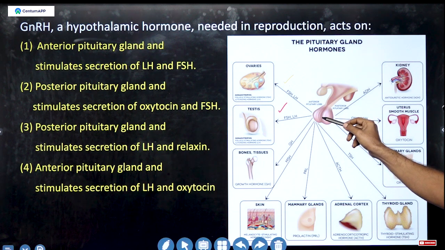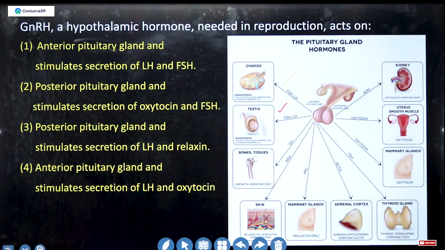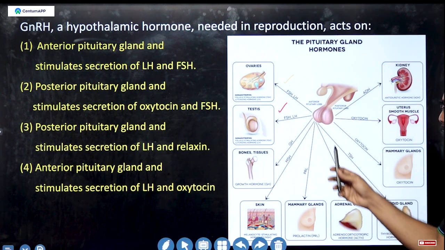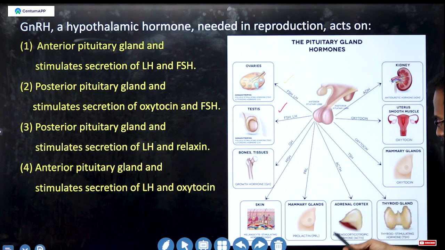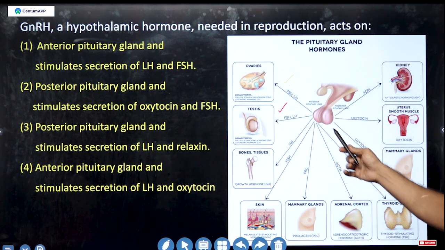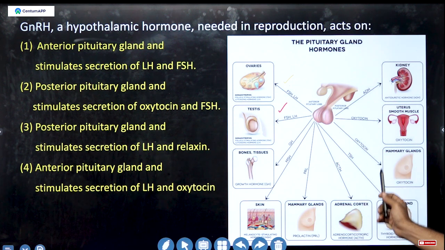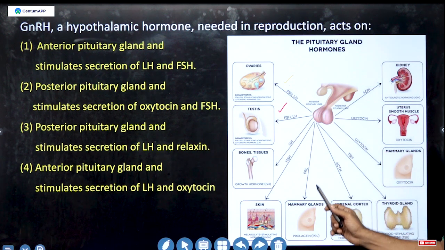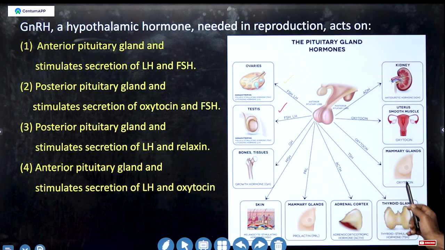Next, ACTH, adrenocorticotropic hormone, is also released from the anterior pituitary gland, which acts on the adrenal gland to secrete adrenal hormones. Then TSH, thyroid stimulating hormone, also from the anterior pituitary gland, which acts on the thyroid gland to secrete thyroid hormone, that is thyroxine.